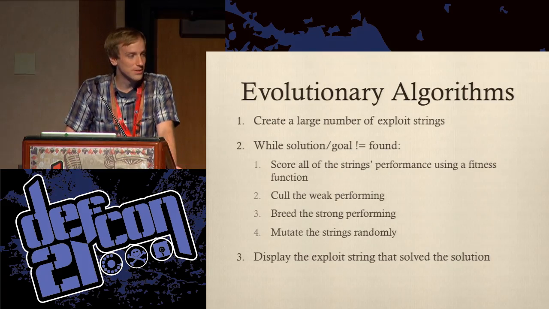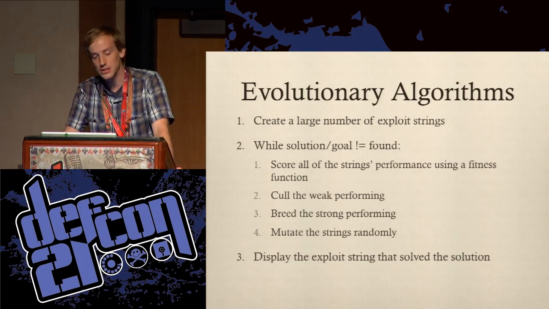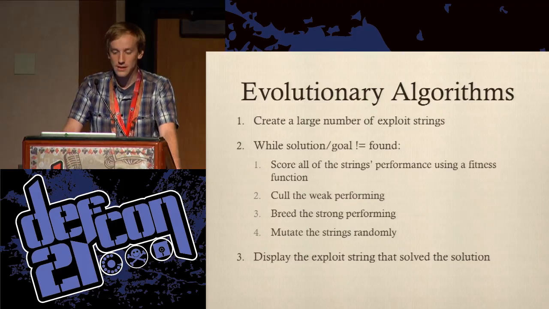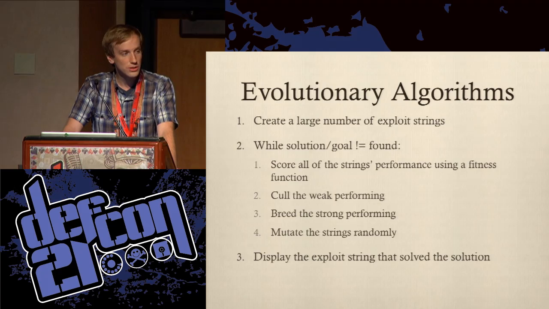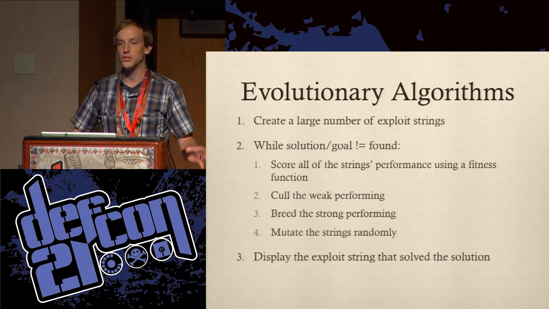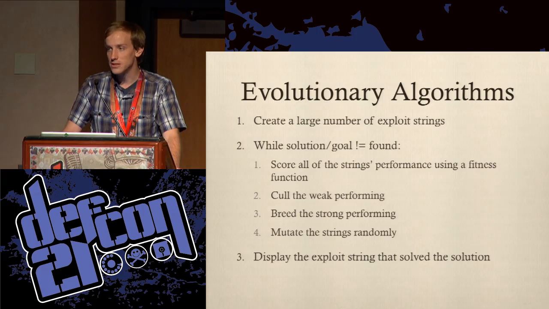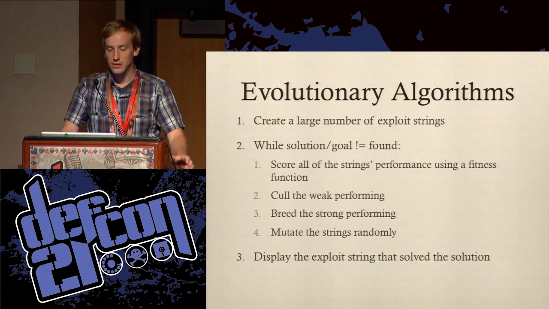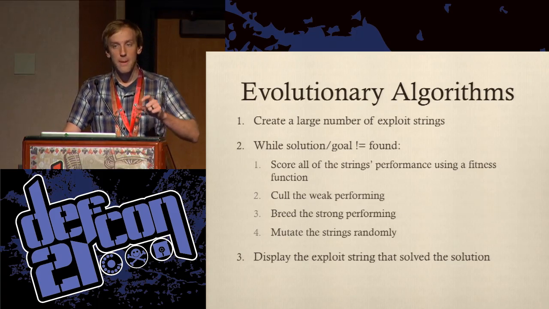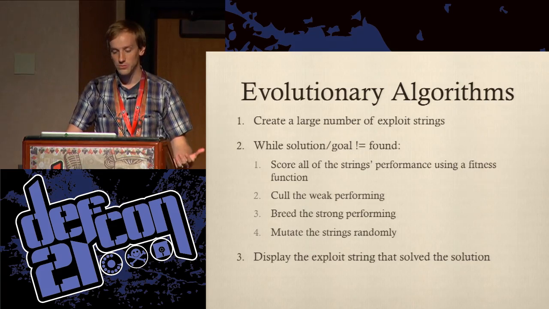So what is a genetic algorithm? Essentially, you create a large number of things, and in this case they'll be exploit strings. You look for a certain solution that these things will provide, and in this case it'll be an exploit. Then you score all the strings' performance using some sort of vague, ambiguous fitness function. We'll get into that later, but it's a way of determining, using numbers, that this is a better injection string than the previous one.